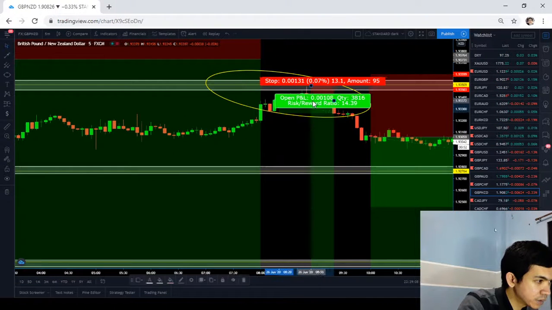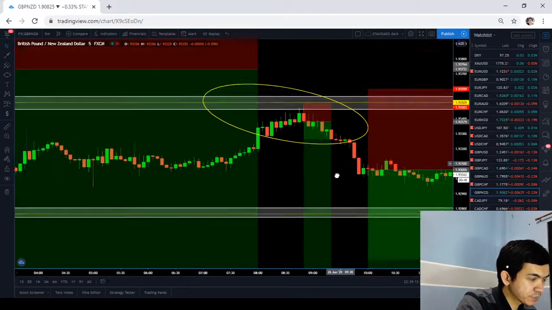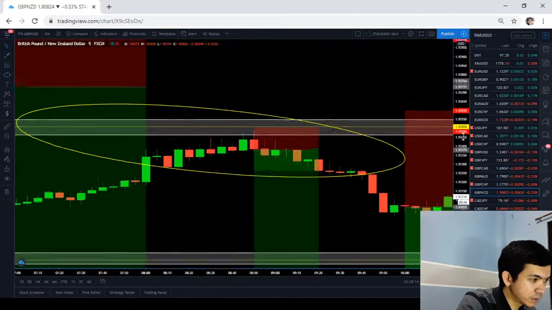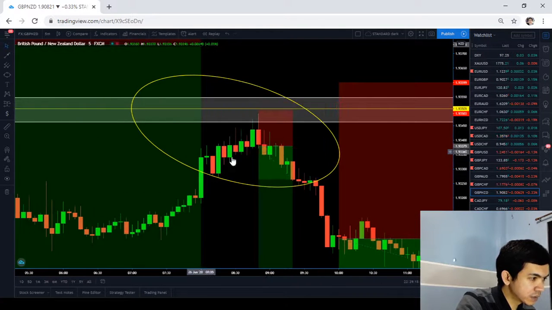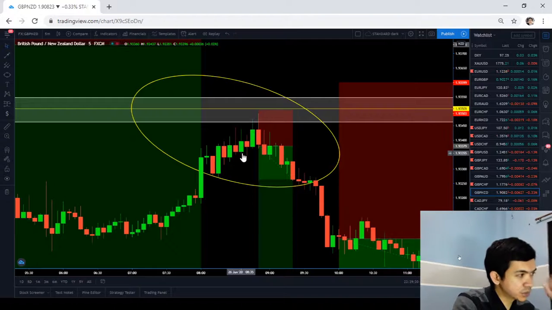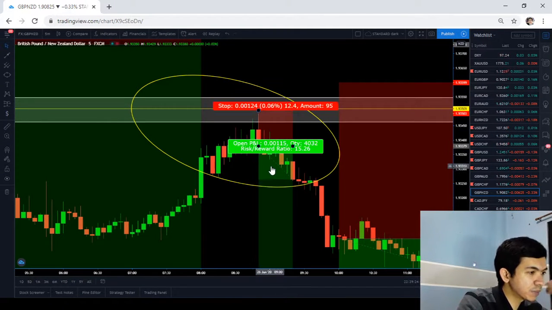See? Nung nakita ko nag-react dito yung price, I go down to a much lower time frame like this, 5 minutes, and look for candle formations para makakonvince sa akin na it's going down or it will continue going down, okay?